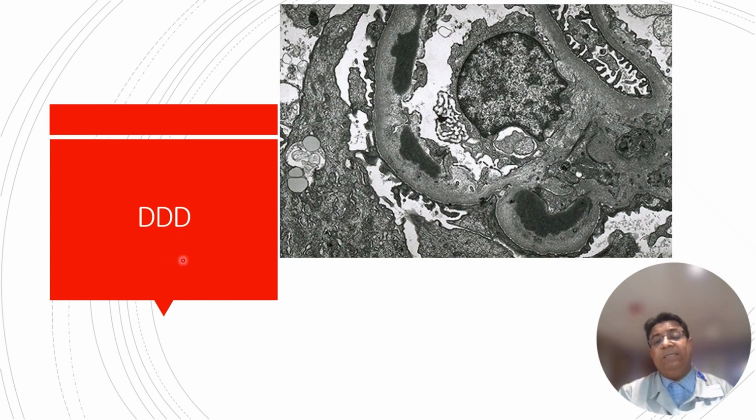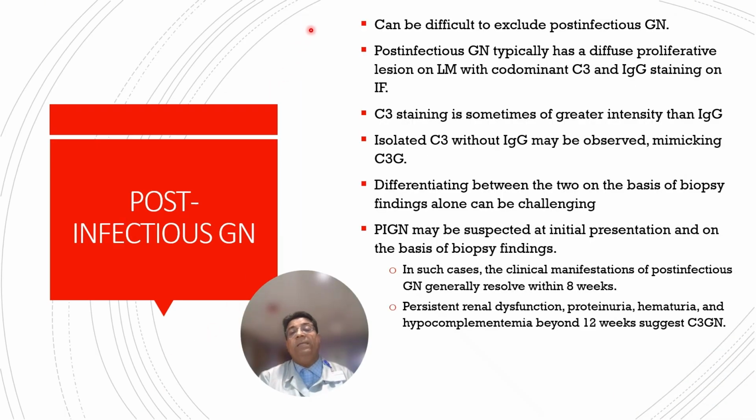Dense deposit disease is relatively easy to spot. These are dense deposits in the subendothelial location that are very characteristic of dense deposit disease. It can be difficult to exclude post-infectious glomerulonephritis in some cases. Post-infectious GN typically has a diffuse proliferative lesion on light microscopy with codominant staining of C3 and IgG.